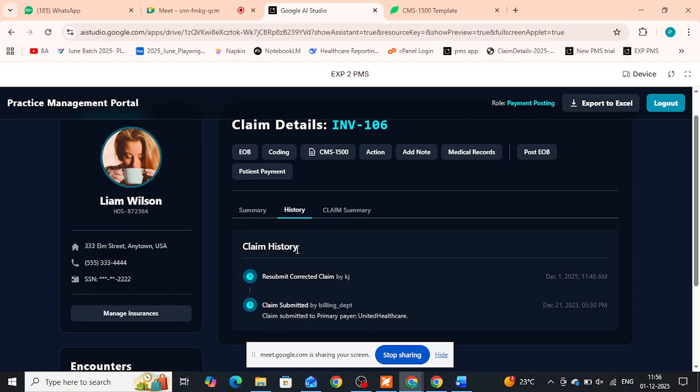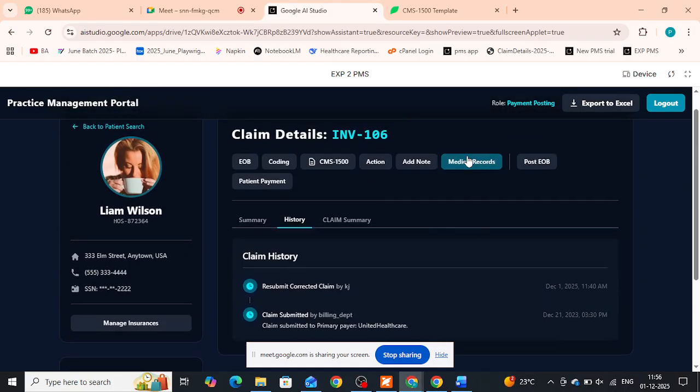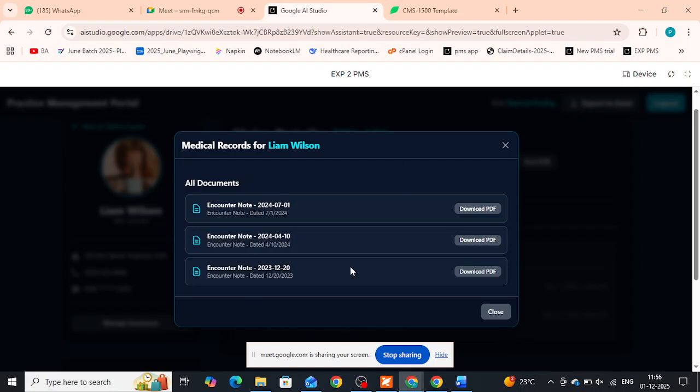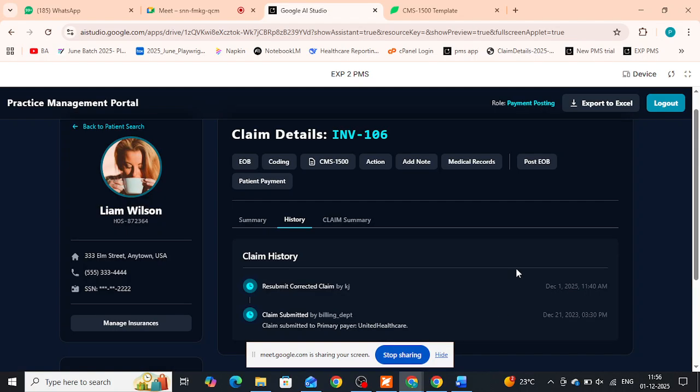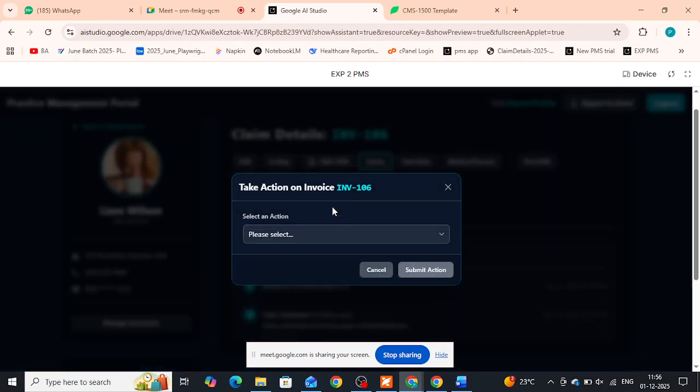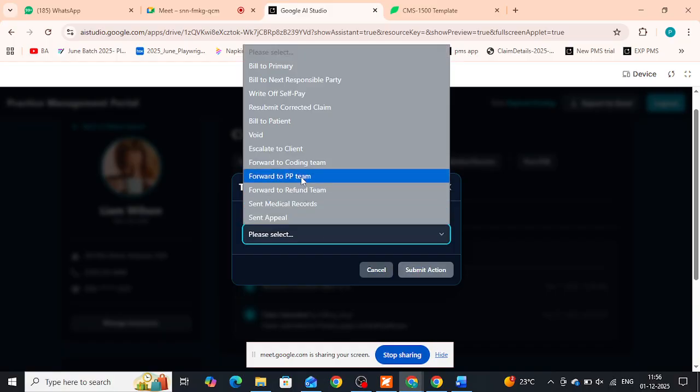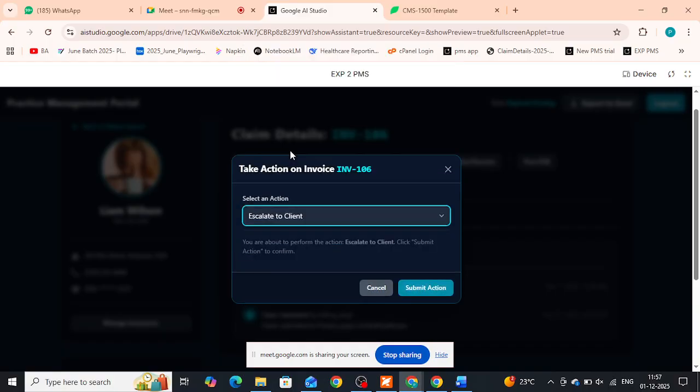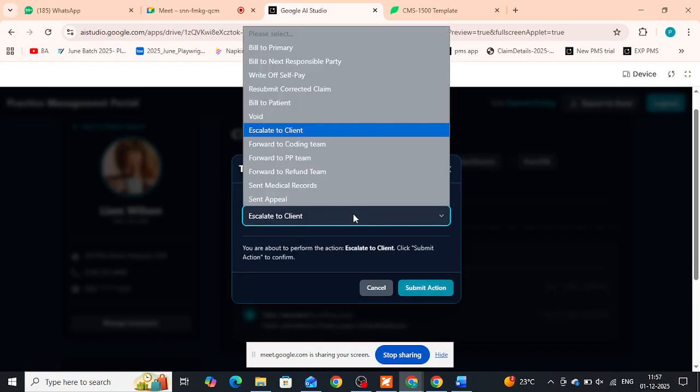So every time I am working a claim and the insurance says they need a particular medical record, if it is available, then good, just download it and send it. If it is not available, then write your comment and take the action as escalating to the client.